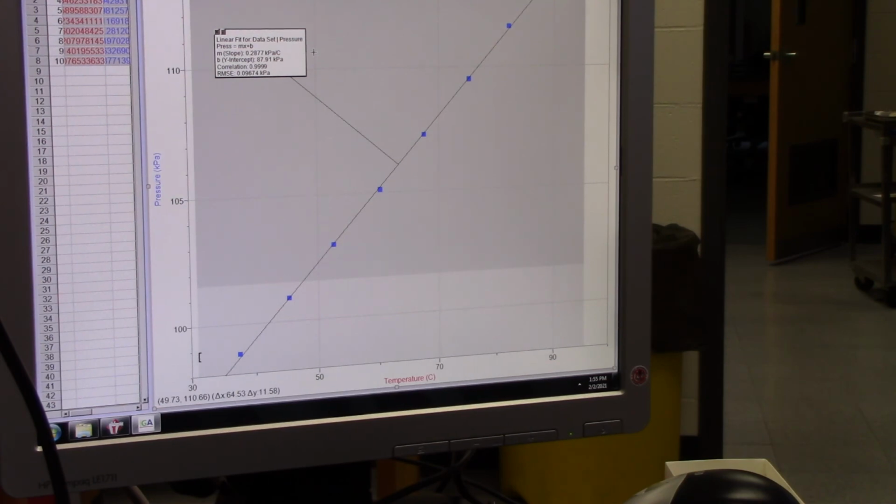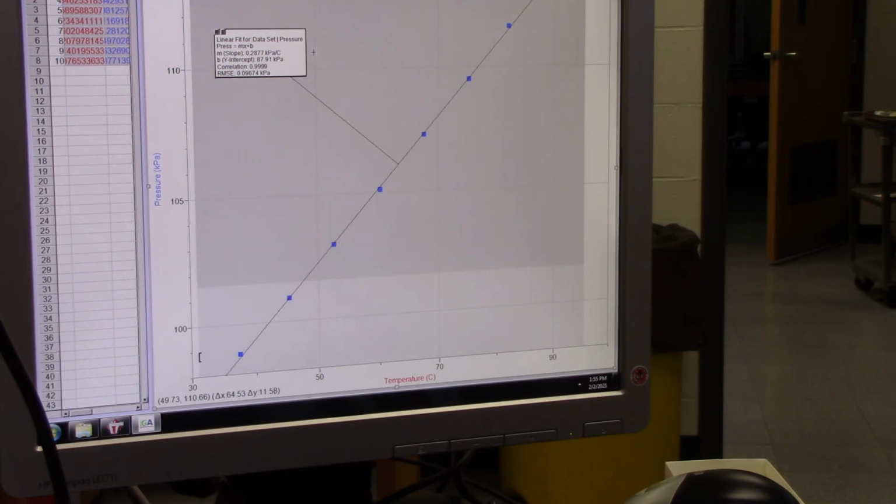Okay. Now what we're saying from that is that at some really low temperature, there's no pressure. That means the particles aren't moving around, and that's the lowest temperature you can get. So that is the lowest temperature, and that's where we actually get the Kelvin scale from.